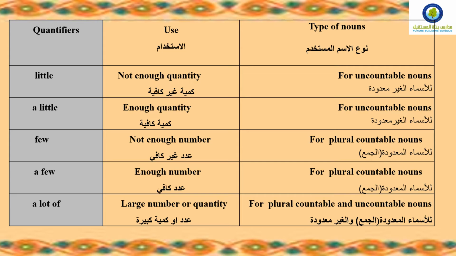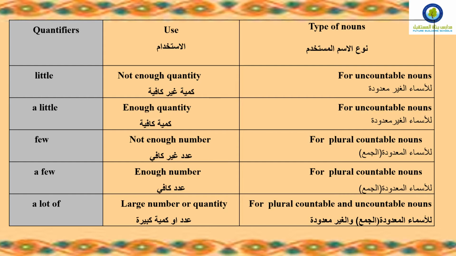So we use it for plural countable and uncountable nouns. A lot of comes with both nouns, uncountable and plural countable, to talk about number or quantity. It depends on the noun following this quantifier.